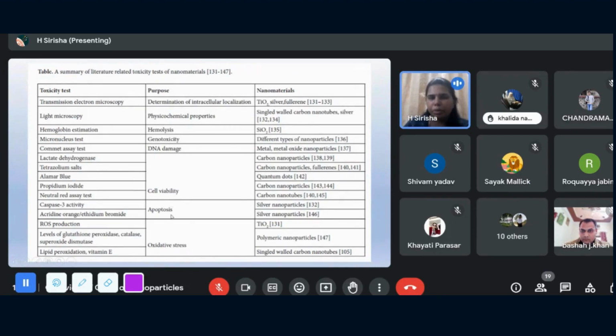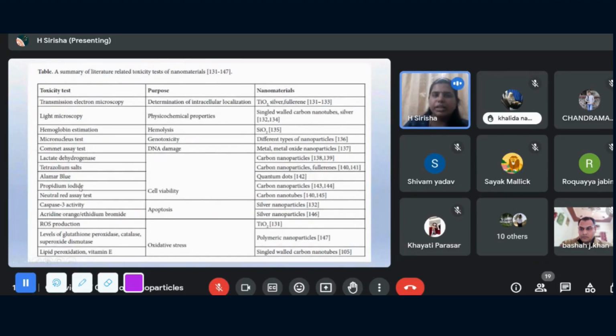The main area of interest is the metal and metal oxide nanoparticles, which cause DNA damage, genotoxicity, reduced cell viability, and apoptosis. These metal nanoparticles are taken up, adsorbed, and interact with the cellular organelles, causing toxic effects. They can be tested using the micronucleus test, Comet test, lactate dehydrogenase, Alamar blue test, and red assay test.